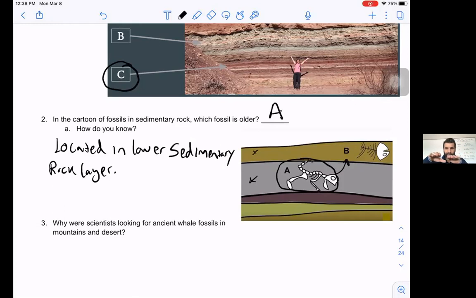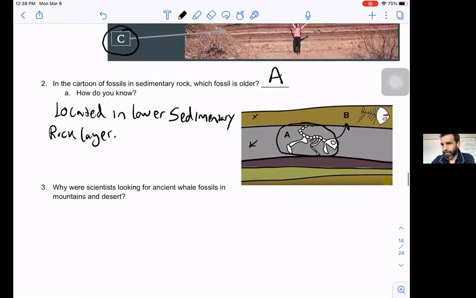As those plates converged and pushed up, those sedimentary rock layers would now be exposed in the mountains. Before, they would have been buried under many layers of sediment and even at the bottom of a sea. And now, with that convergent boundary, they were pushed up.